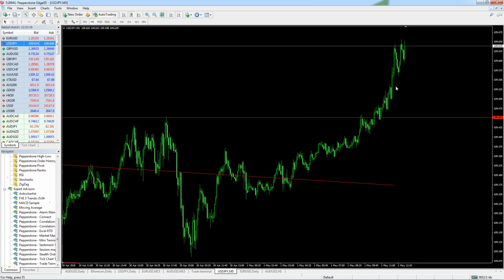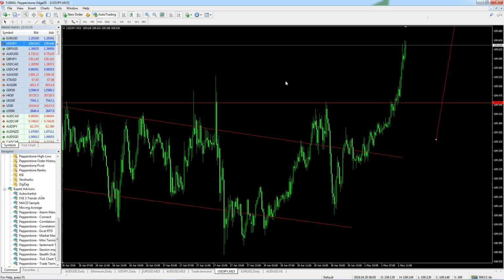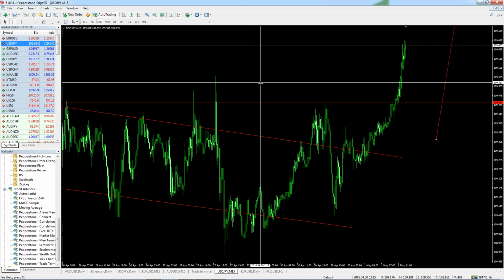So if you're looking for an entry on a 15-minute and you do get a little bit confused, drop back to the 5-minute and you probably will get an entry point just on a break of a new high. Any of these zones being taken out is a signal that you can definitely go. So don't do your analysis ever on a 5-minute chart, but if you're looking for an entry trigger, if you like, for a 15-minute trade, you can sometimes get a very clear signal on a 5-minute with breaks of highs and lows.